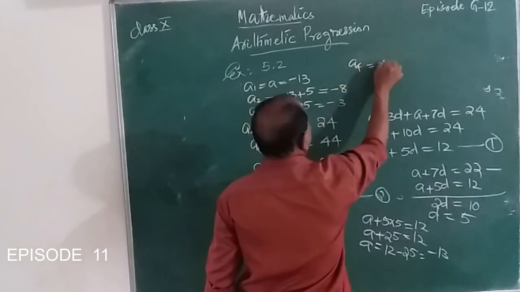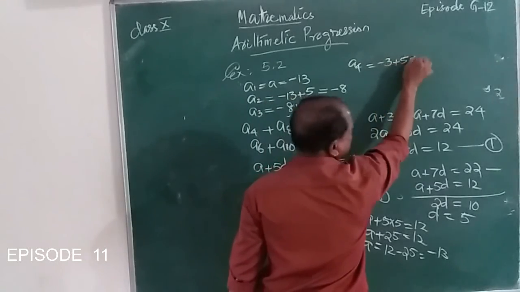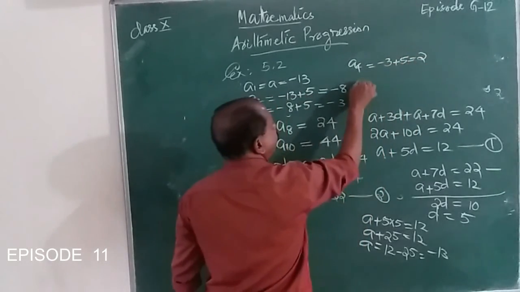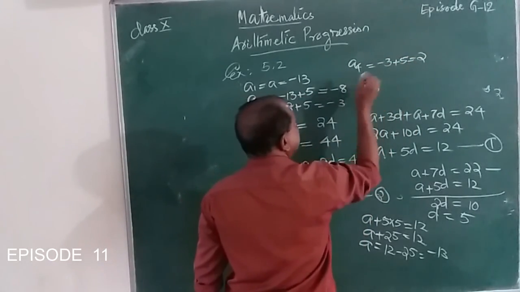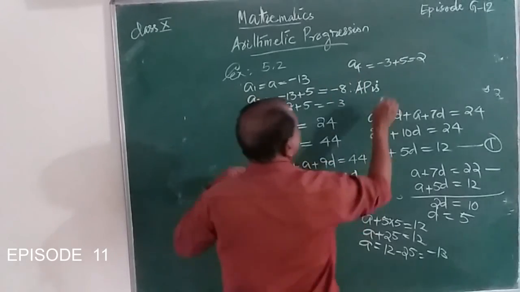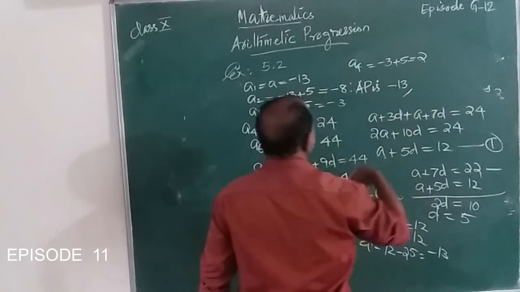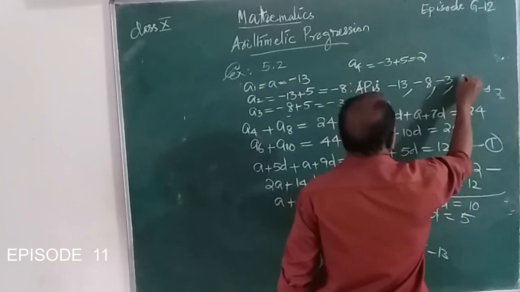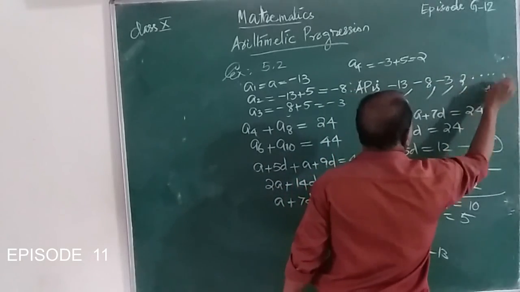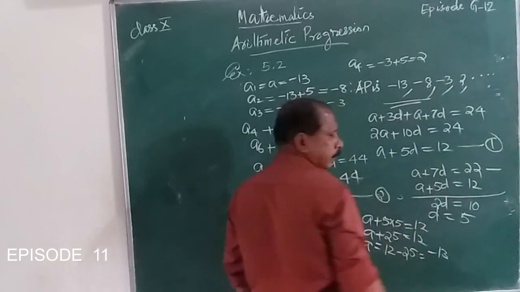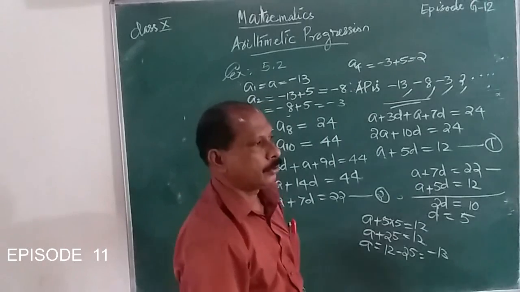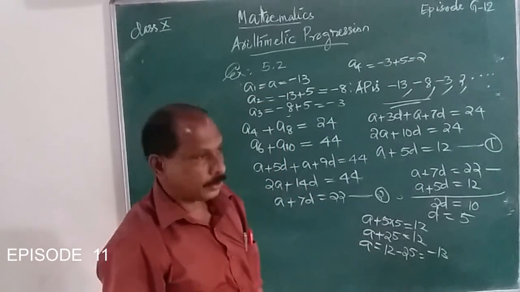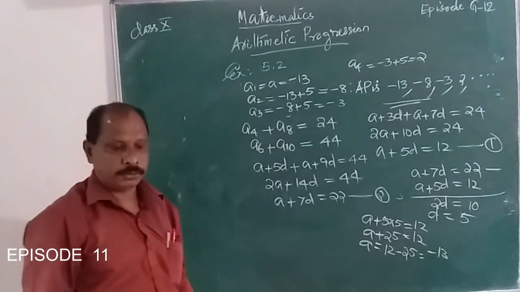A4 is equal to minus 3 plus 5, equal to 2. Therefore, the AP is minus 13, minus 8, minus 3, 2, and so on. Okay? Therefore, we conclude this exercise 5.2.